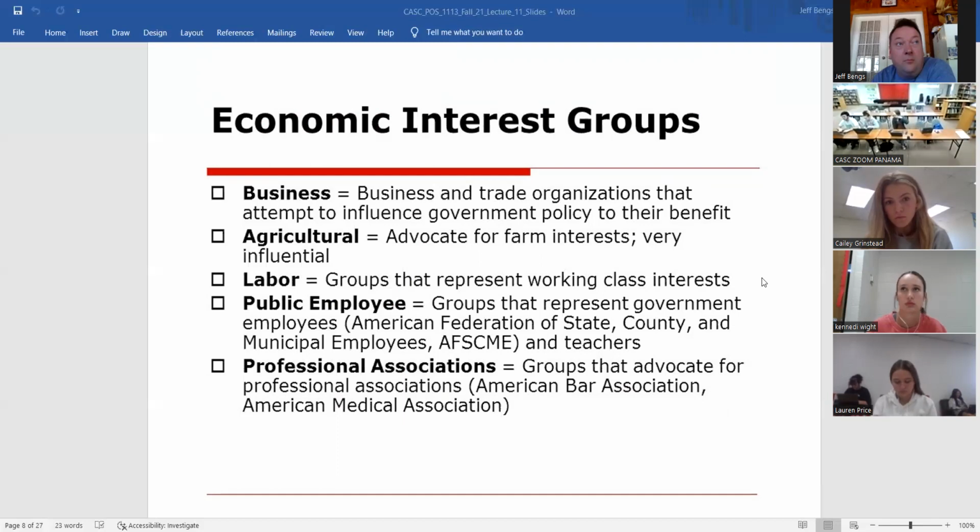No specific names are coming to mind, but you might have an interest group that is made up of several companies. Let's say, I think there's an American Auto Workers group.